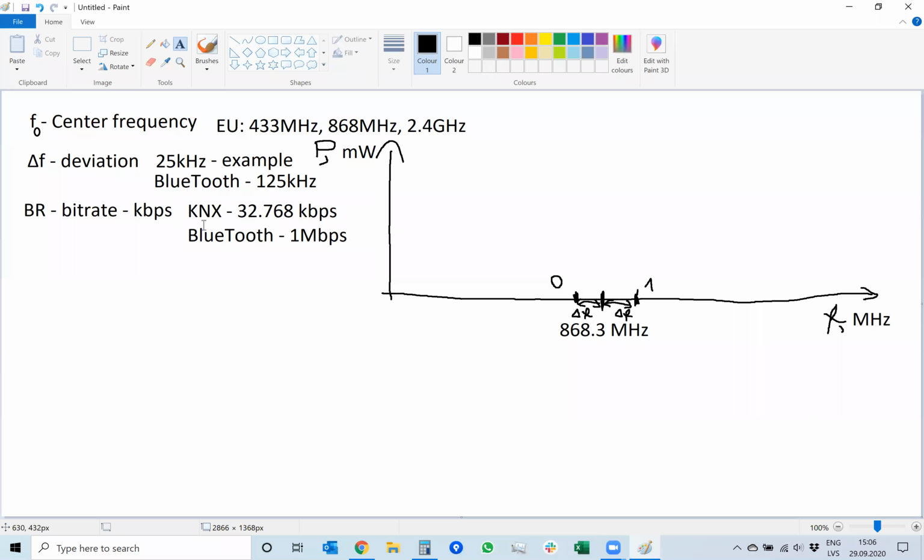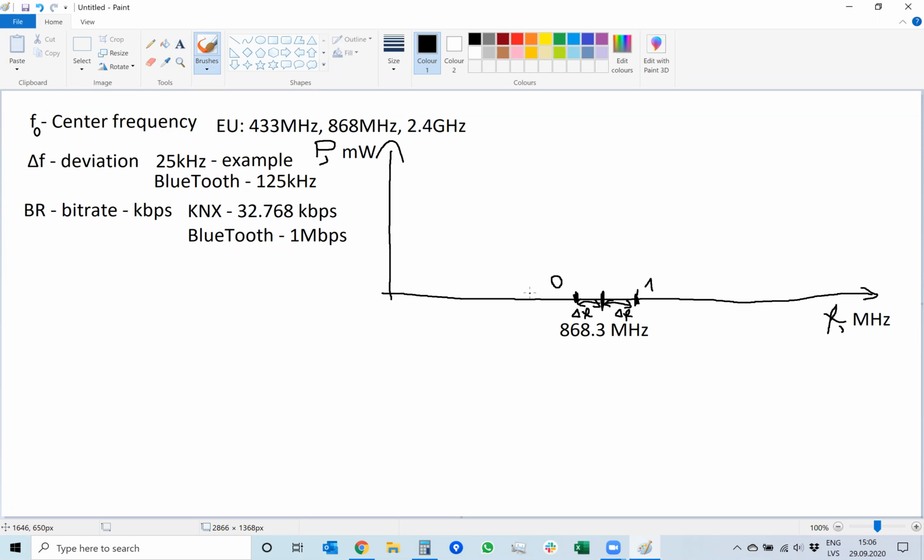So, you know, you can decide what is your application and then you make the decision about bitrate. And also, bitrate and deviation are connected in a special manner, but I guess it will be better to describe it a little bit later.